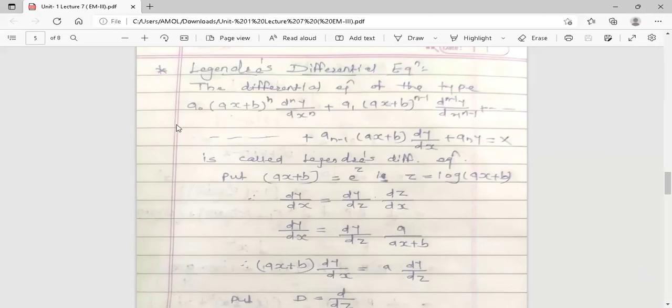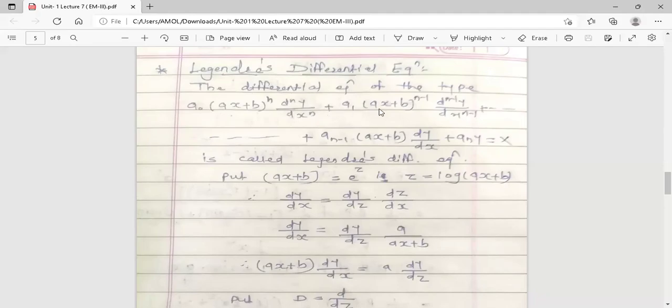See, with the derivative term, the first term, the nth order differential coefficient d^n y by dx^n, there is a polynomial function in the form of ax plus b and its degree is n. So with the derivative term, there is a polynomial function of the same degree, and a constant coefficient is also there in every term. So this type of equation is called Legendre's equation.